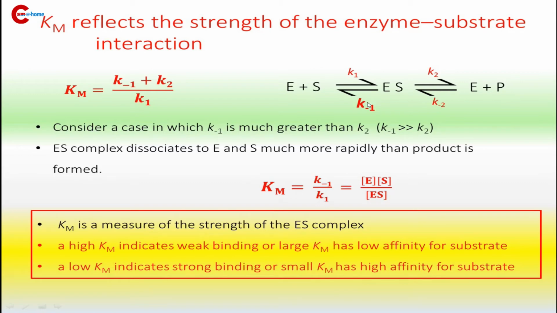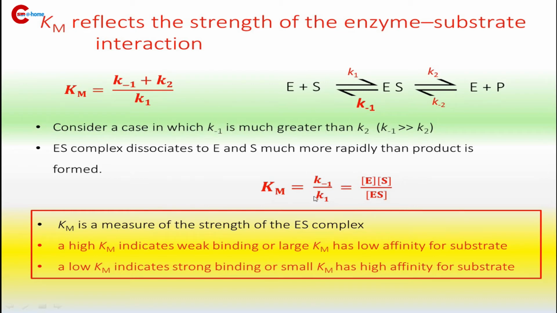So the equation will be K minus 1 divided by K1. We can omit K2 because K2 is very small compared to K minus 1. This is the dissociation constant, K minus 1 divided by K1. So here Km is equal to the dissociation constant of the ES complex when K2 is smaller than K minus 1.